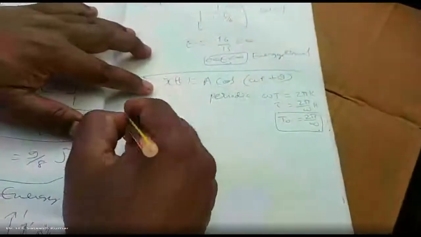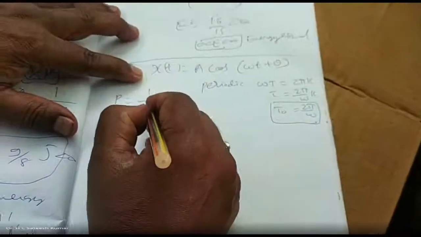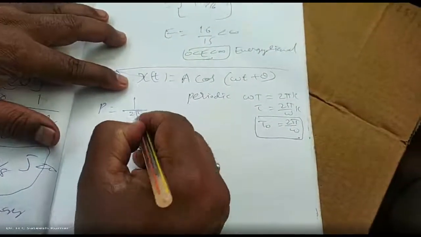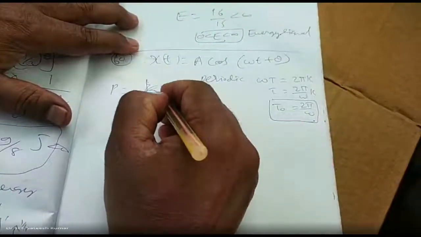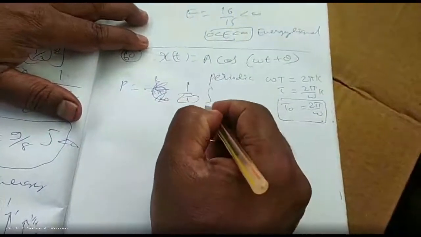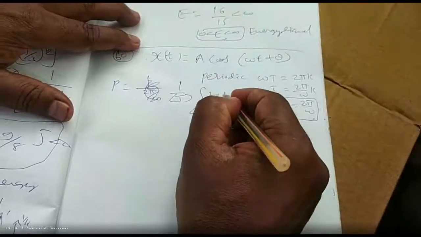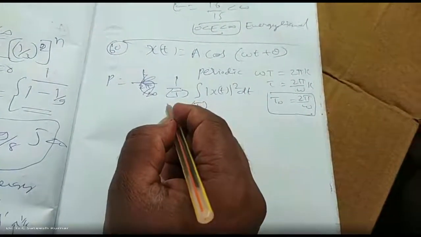Power is equal to 1 by the period. The power formula I will also write: 1 by the period T, integration over the period T, magnitude of x of t whole square dt. That is the formula for the power.